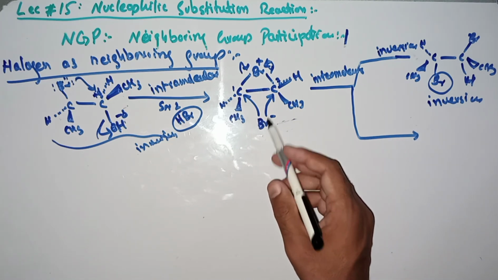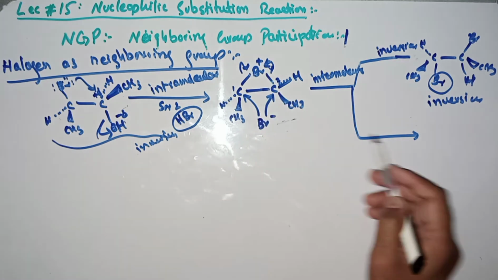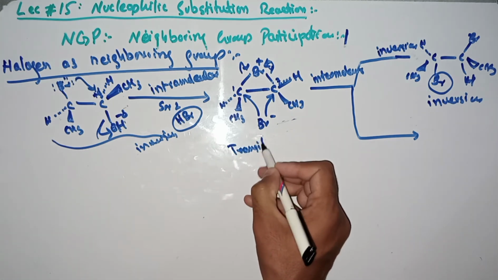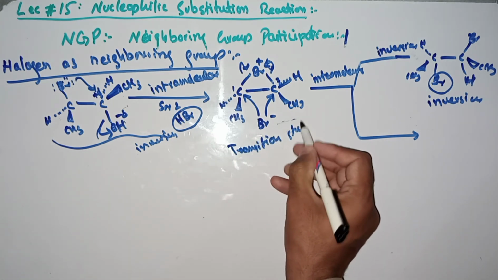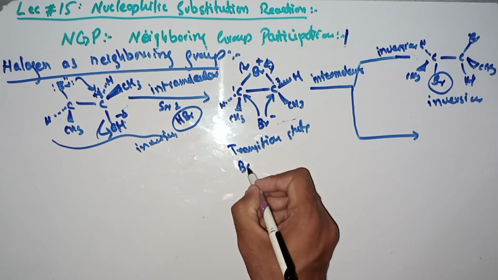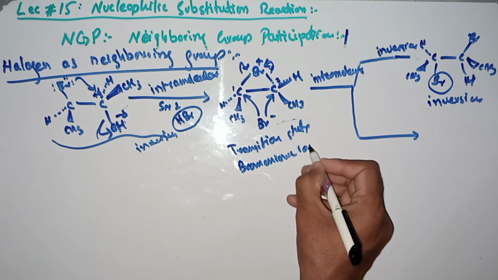When the external nucleophile attacks on carbon number 2, this bond will shift toward the bromonium ion. This is also the transition state, or you can say intermediate. This is the bromonium ion.